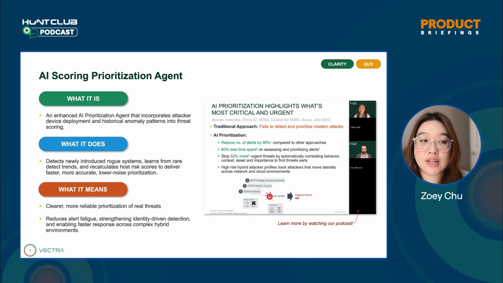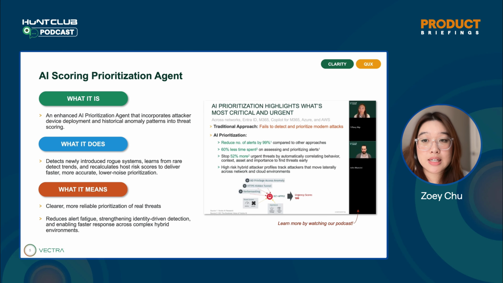We're looking at activities from AD, network, cloud, SaaS, and devices, and we connect that all together to form a true attacker behavior. Then, instead of overwhelming analysts with a bunch of alerts, we distill this into a single urgency score that prioritizes an entity rather than a bunch of different devices, domains, or IPs.